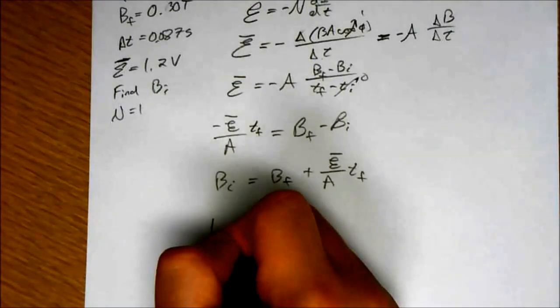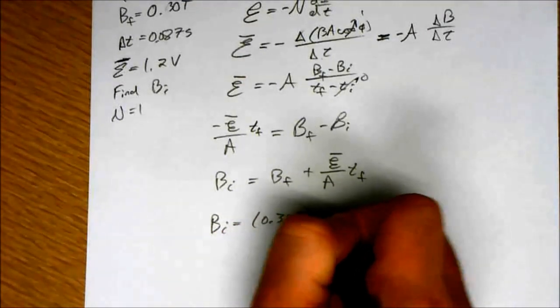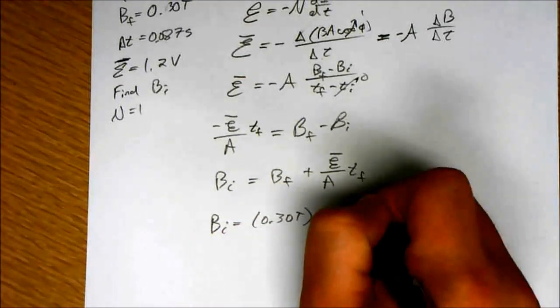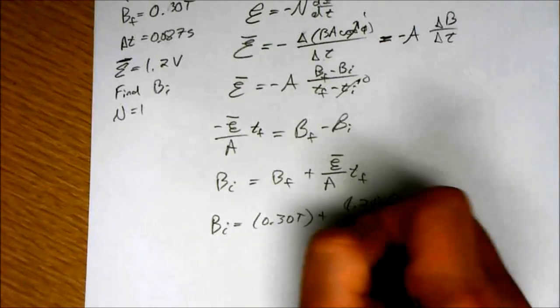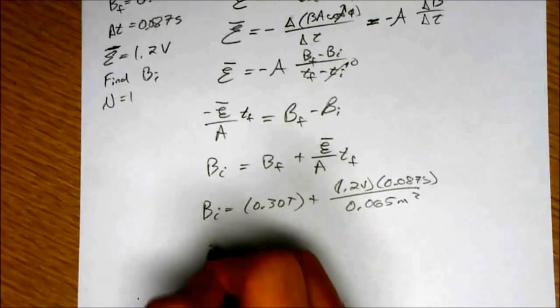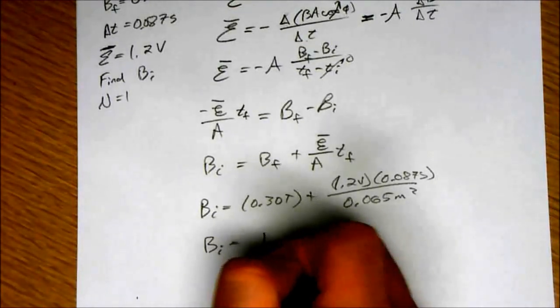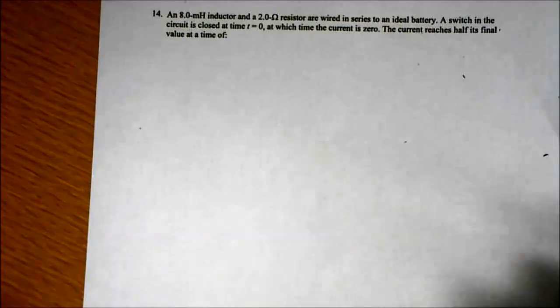And now it's just a matter of plugging in numbers. So B initial is 1.91 Tesla.